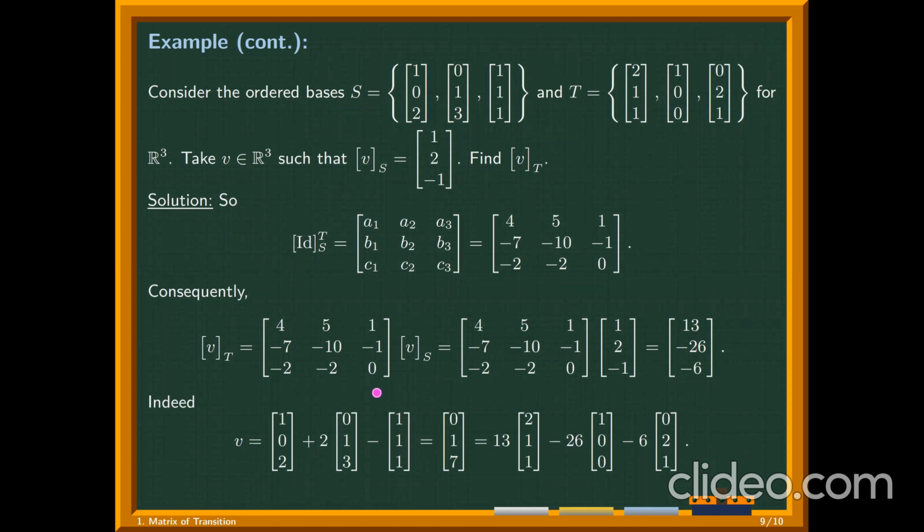And we can check that V, the vector with components with respect to S given by 1, 2, negative 1, is equal to the vector 0, 1, 7, which is equal to 13 times 2, 1, 1 plus negative 26 times 1, 0, 0 plus negative 6 times 0, 2, 1.